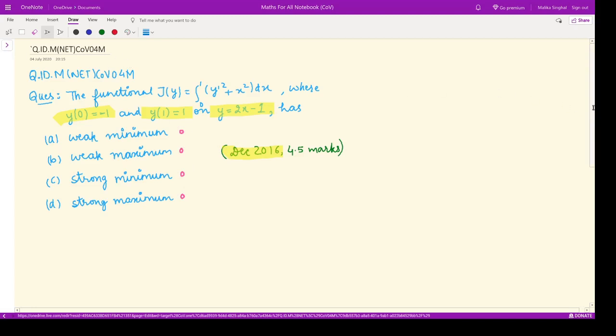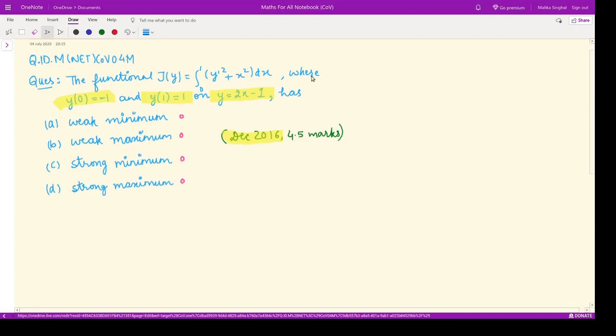Let us firstly evaluate the extrema to this given functional. To calculate the extrema, let us use the Euler-Lagrange equation, that is f of y minus d dx of f y dash is equal to 0.